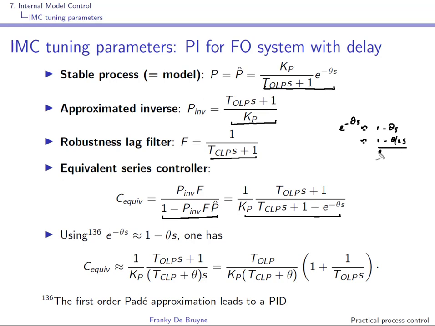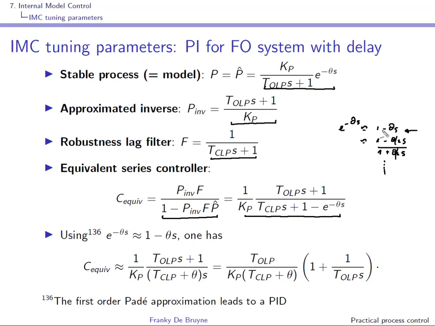We have seen this. And you could go to Padé approximations of even higher order. If you inject those rational approximations of the delay of increasing order, you can see that this equivalent series controller is a controller of infinite order. What we'll use in this case is this approximation over here.